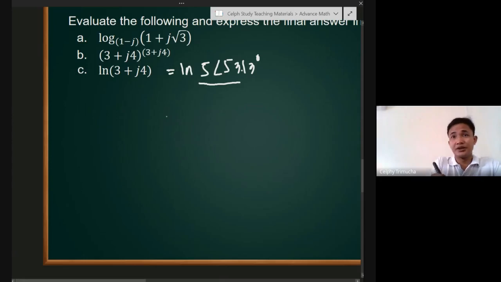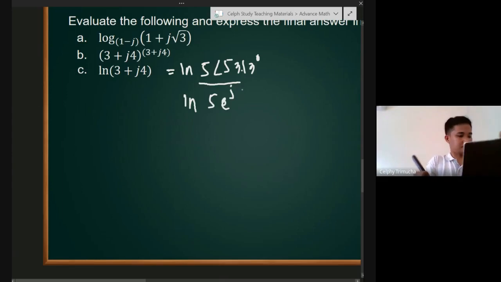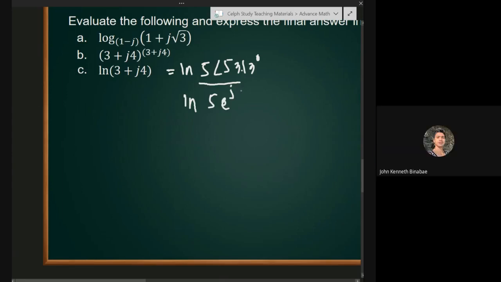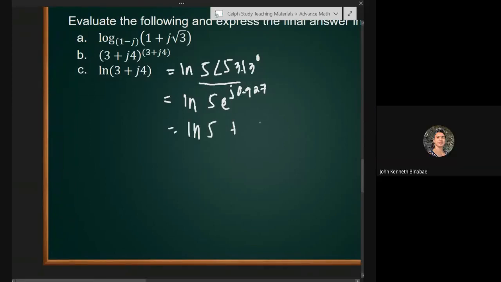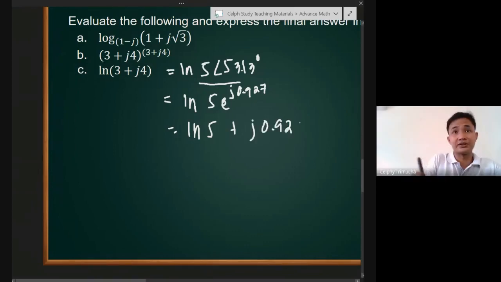Okay, so ang himuon mo lang is to convert this into exponential form. So we have ln of 5 angle e raised to j times, e-raised, this is equal to 0.927. Then perform lang ang operation. So this is equal to ln 5 plus j times 0.927.